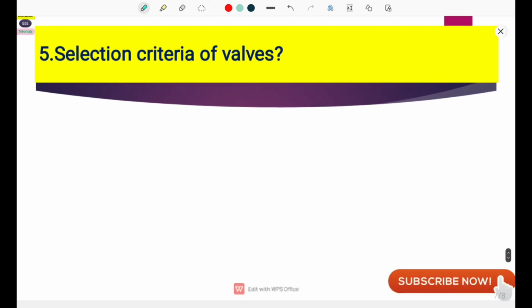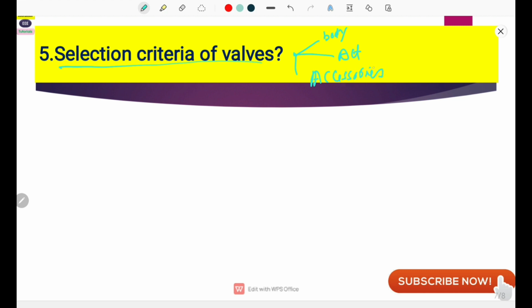Now the last question is selection criteria of the valves. So generally in valves, three main parts are selected. The one is body, second one is your actuator, and third one is your accessories.